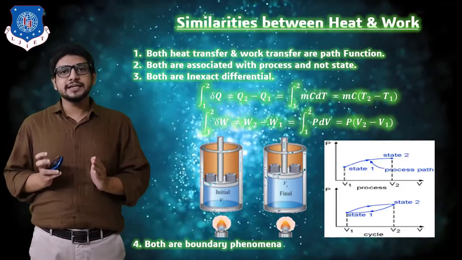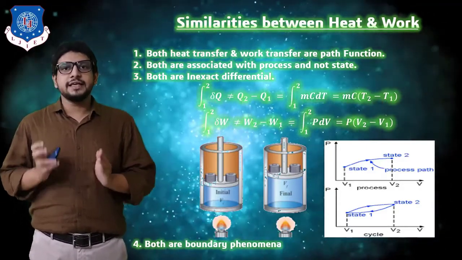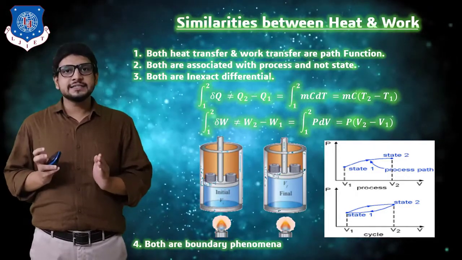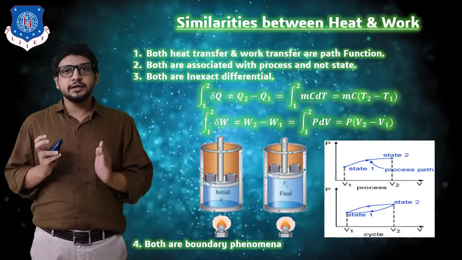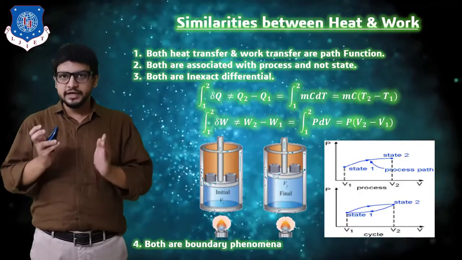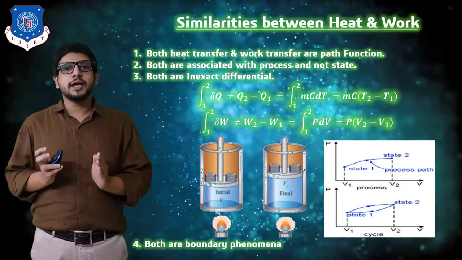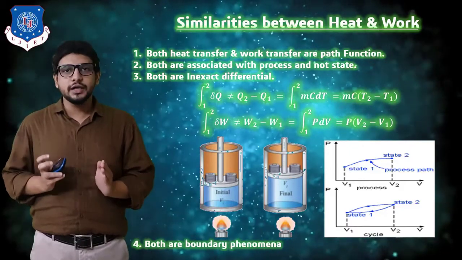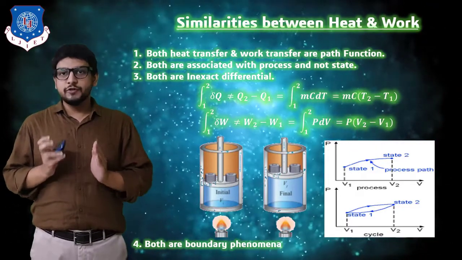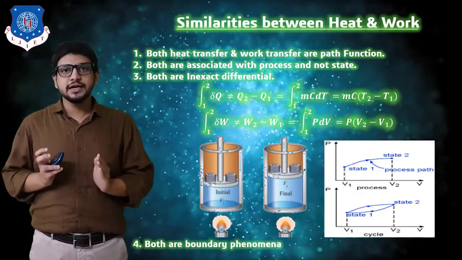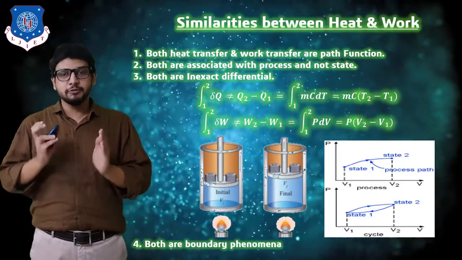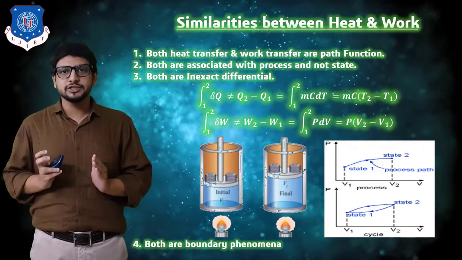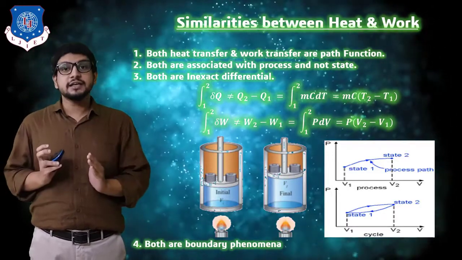So for example, let's take a simple example, that ice. We know ice has a solid state, right? At that particular solid state, the temperature of ice is 0 degrees Celsius. After some time, when we keep it in a surrounding, it is going to melt. So the final state will be a liquid state. In a liquid state, its temperature is going to be increased. We would say it would be equal to the surrounding temperature, let's say 25 degrees Celsius.